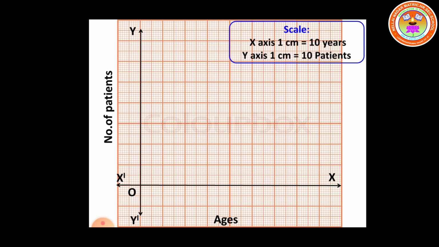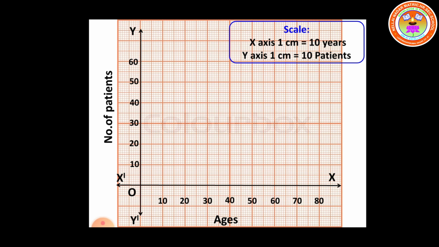Scale: in the x-axis we are going to take 1 centimeter as 10 years, and in the y-axis 1 centimeter as 10 patients. 10, 20, 30, 40, 50, 60, 70, 80. In the y-axis 10, 20, 30, 40, 50, 60.